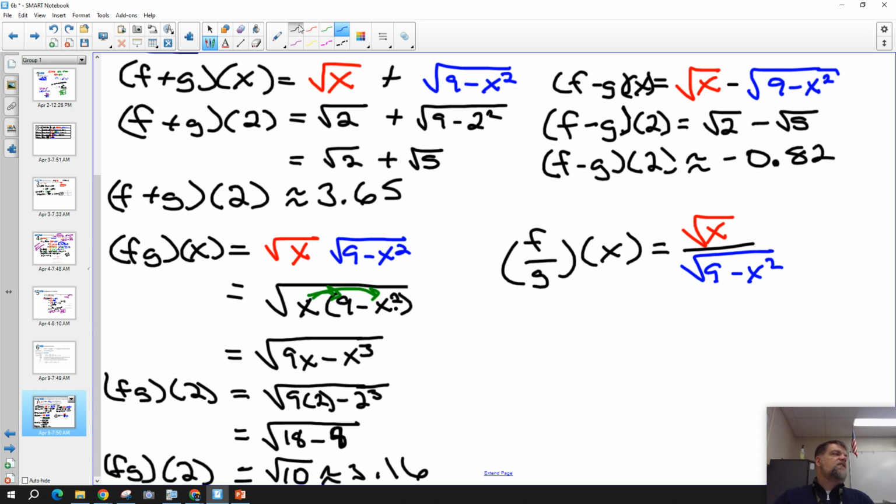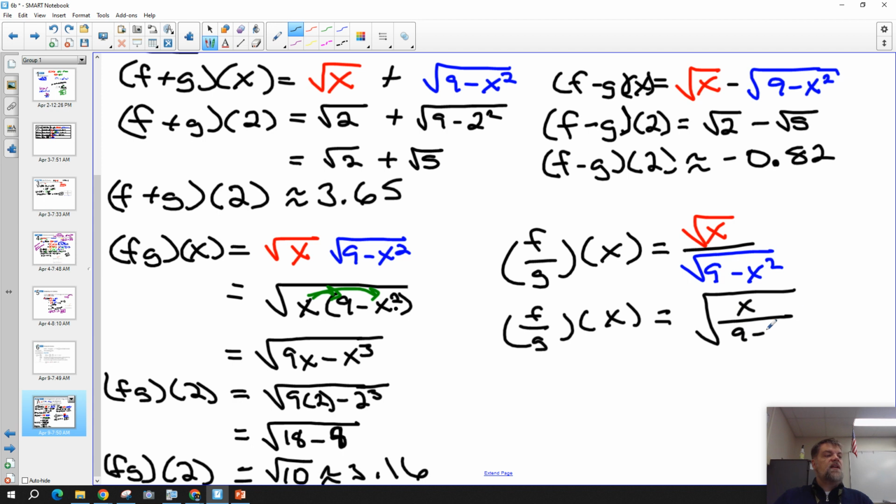Now, this doesn't really change anything, truthfully, but because they're both square roots, I could think of it like this. The square root of x over 9 minus x squared. Again, there's really nothing to simplify. You look for squares, you pull them out. There's nothing that I can pull out as a square.